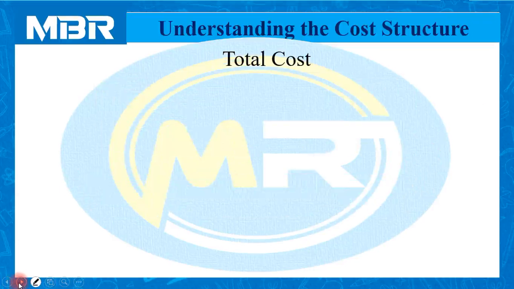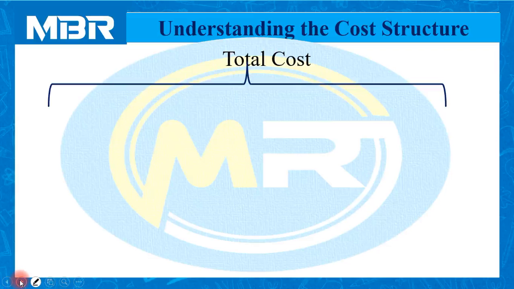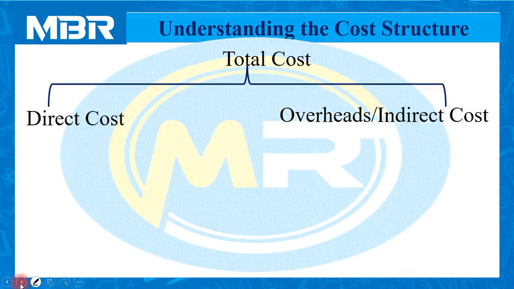Let us understand the structure of cost in detail. Total cost is classified into two different categories. First, direct cost, and second, indirect cost, technically referred to as overheads.